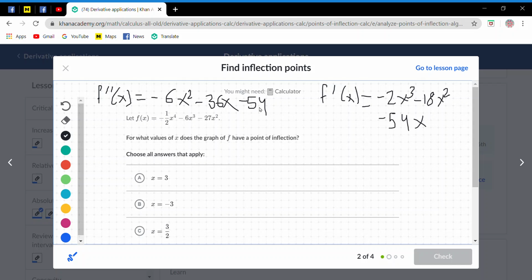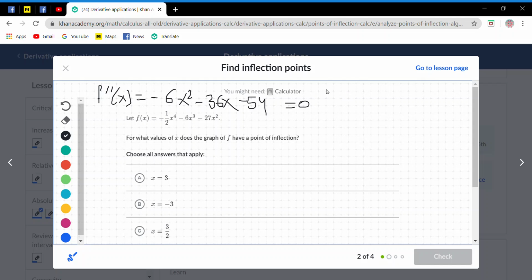So let's see what we can take out from this. We can take out a 6 from these three terms. We have to find when this is equal to 0, our critical numbers.